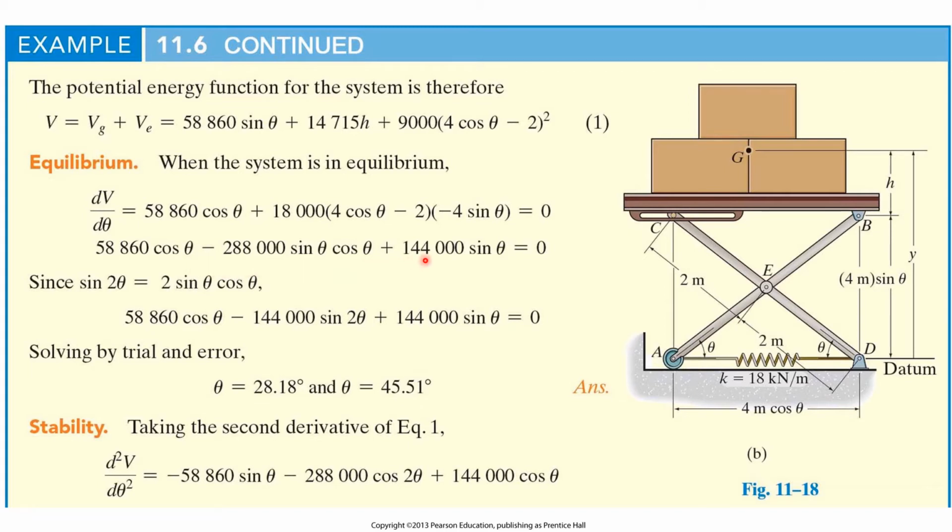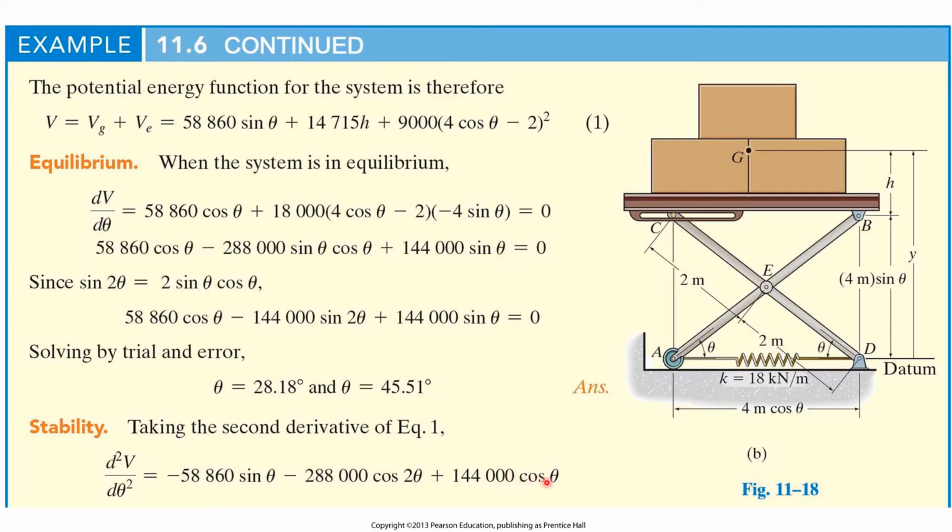And you can use an expression like this. Trial and error, that's another way of saying use the solver in Excel or the fzero function in MATLAB. 45.51 degrees. Second derivative, you get this.